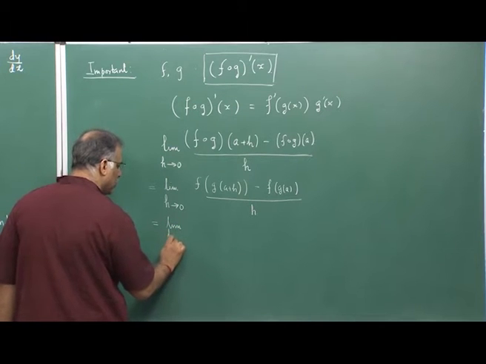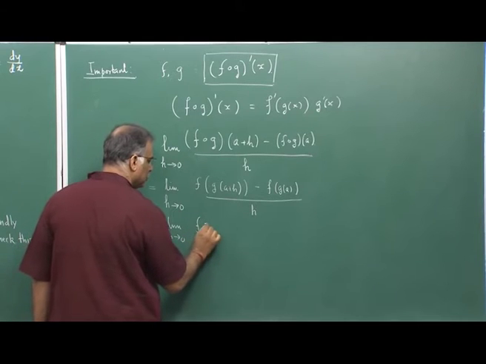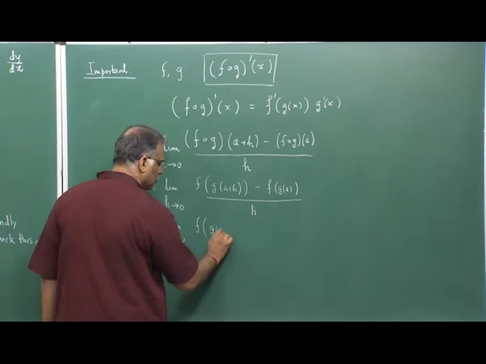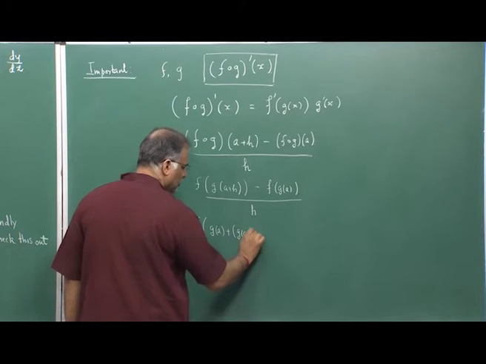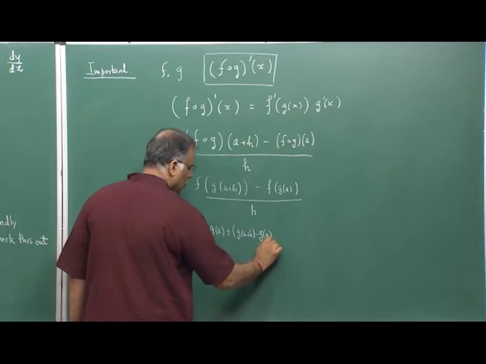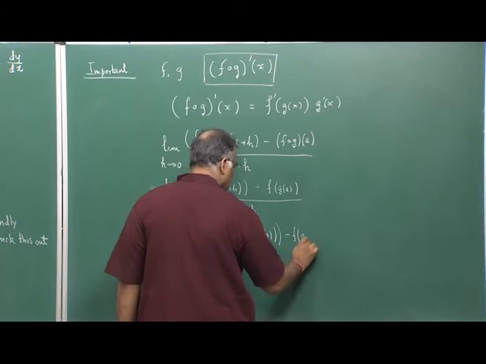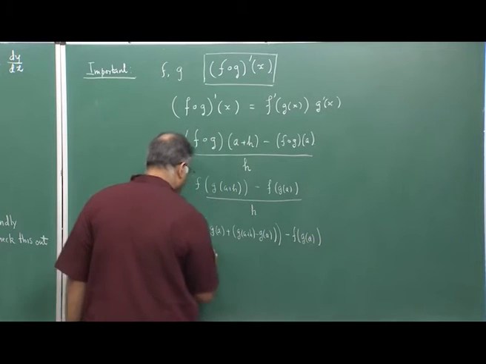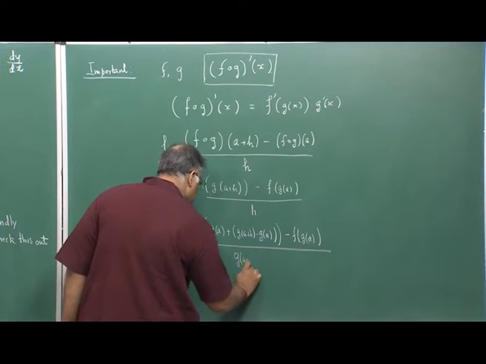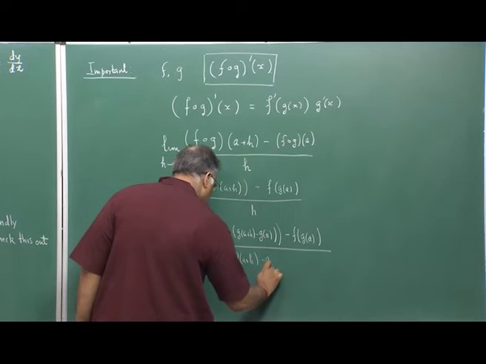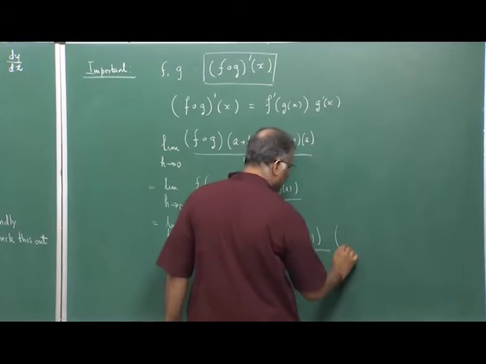I will do some manipulations. Here I will add g a and subtract g a. What I do now, I multiply both top and bottom by the same term.